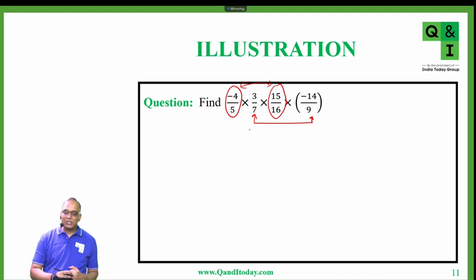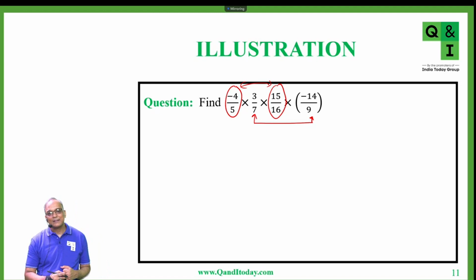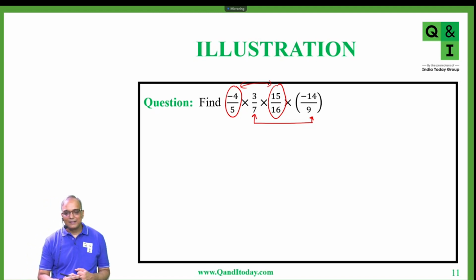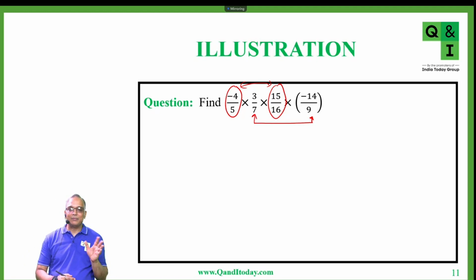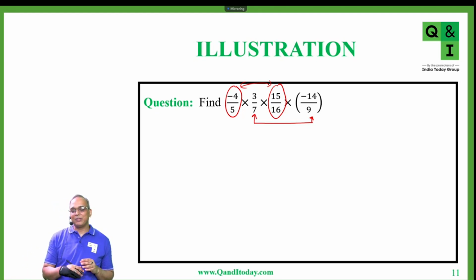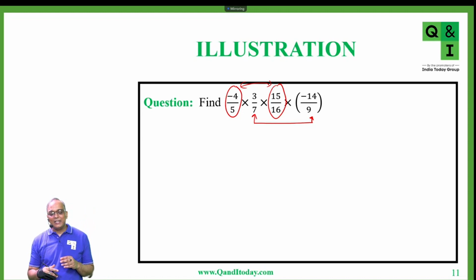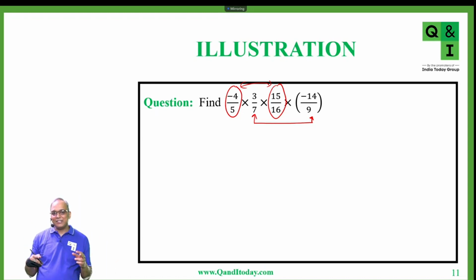Why did you choose it like that? Because 4 and 16 are divisible and 5 and 15 are divisible. Yes. So 4 and 16 get cancelled, meaning there are common factors there, and 5 and 15 again have common factors. Similarly, 7 and 14 have a common factor and 3 and 9 have a common factor, which can get cancelled.